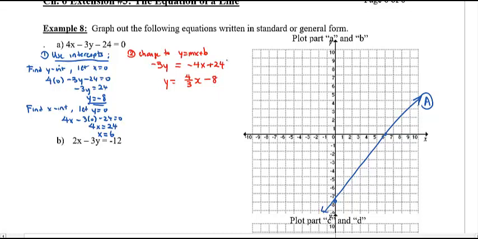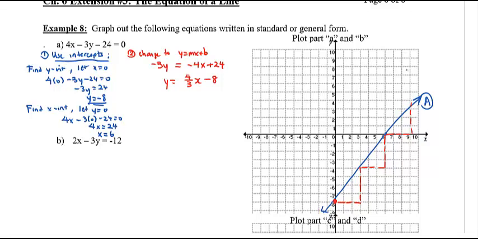And look, the y-intercept's still negative 8. And now my slope is 4/3, so 3 to the right, 4 up. Okay. It works. So, two different ways to do it.